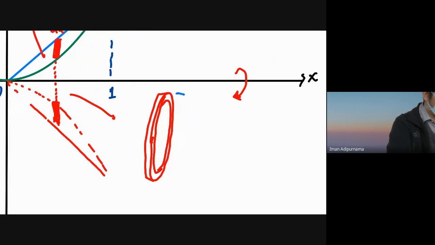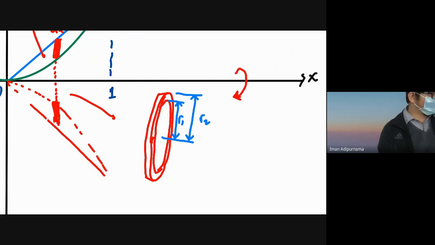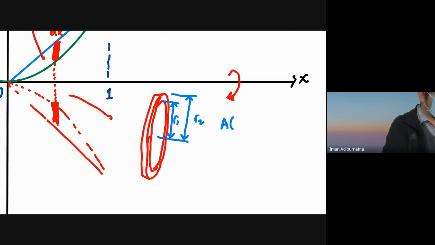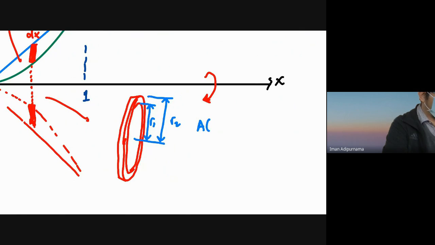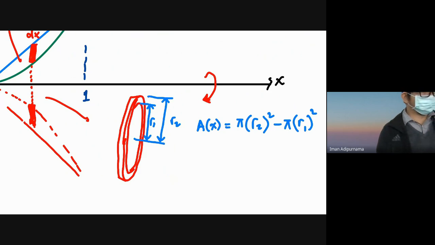Now the area becomes, so if we have, this is the radius, let's say radius 2, this one is radius 1. So simply this is the area of x because we are using dx. This will be the area, the first one, pi r2 squared minus pi r1 squared, right?